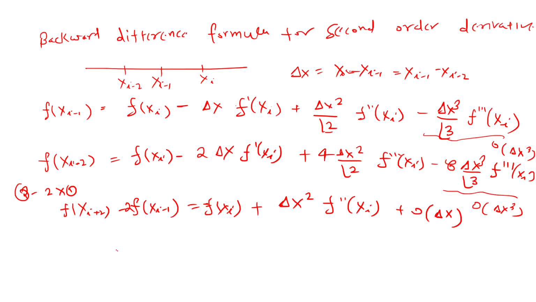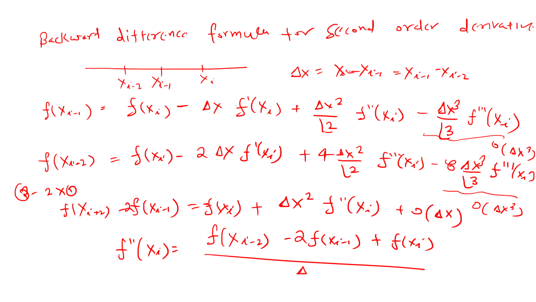Now if I calculate the double derivative at xi, that will be f of xi minus 2 minus 2 f of xi minus 1 plus f of xi, divided by delta x square plus order of delta x.